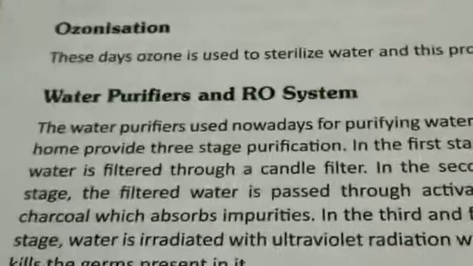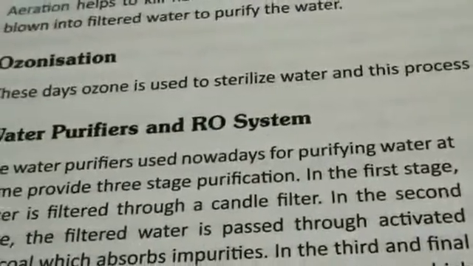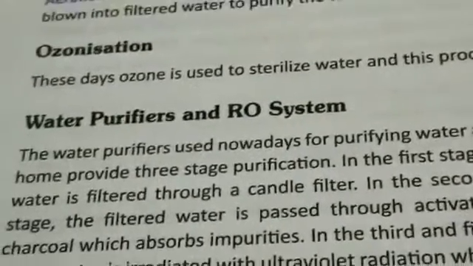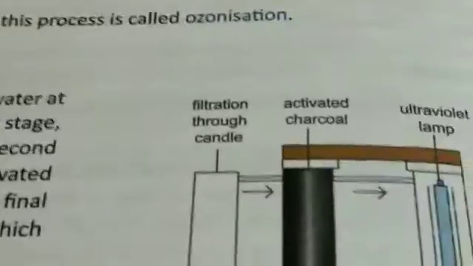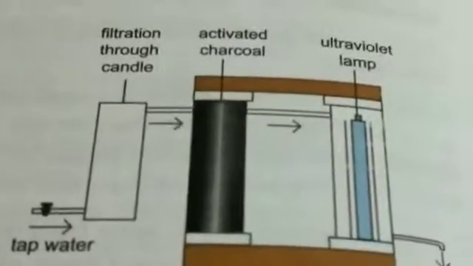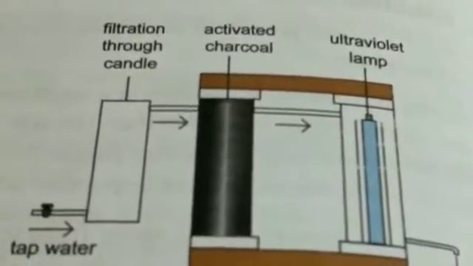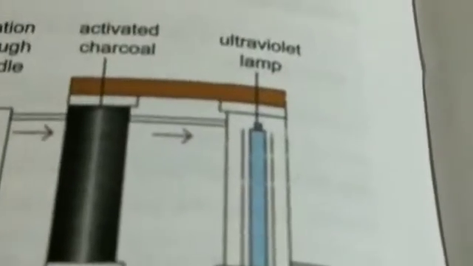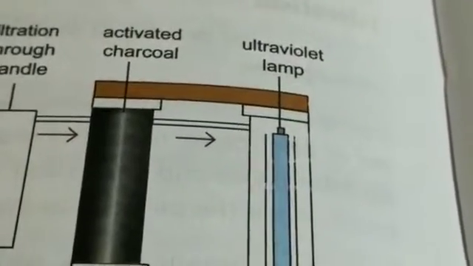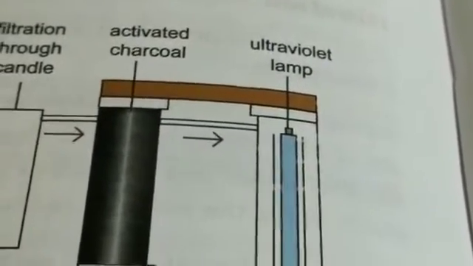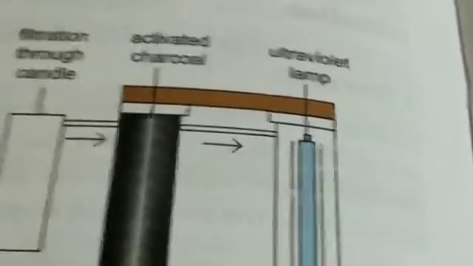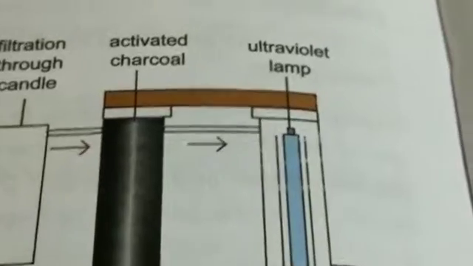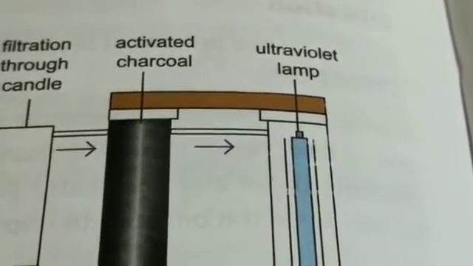In the RO system there is 3-stage purification. First, water is filtered through a candle filter; second, it passes through activated charcoal which absorbs the impurities; and third and final, it passes through a UV lamp. The germs are killed by this and the water becomes safe for drinking.